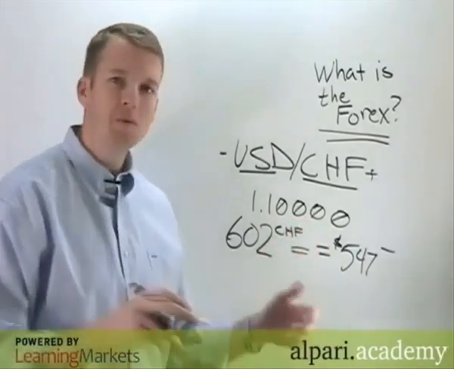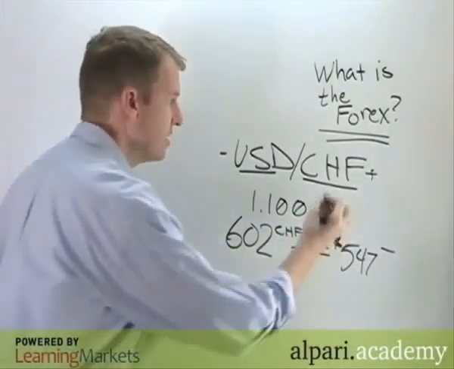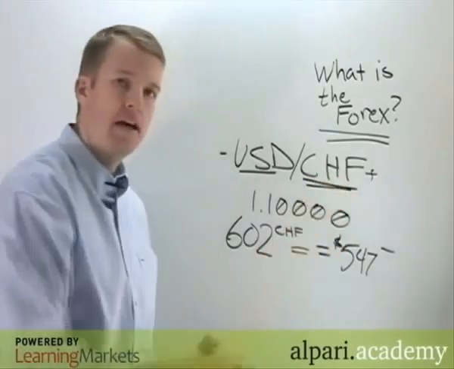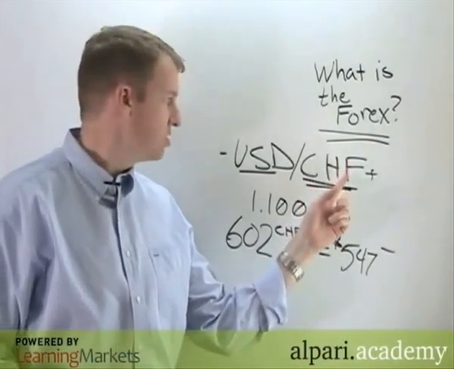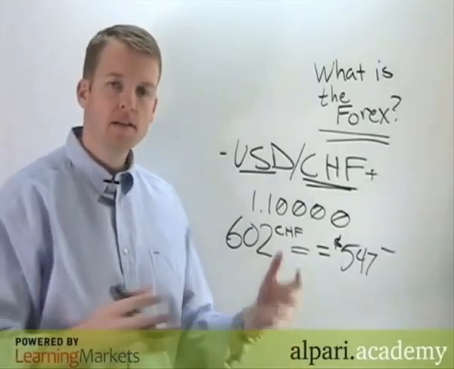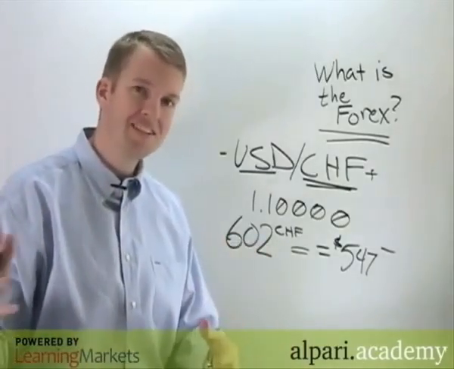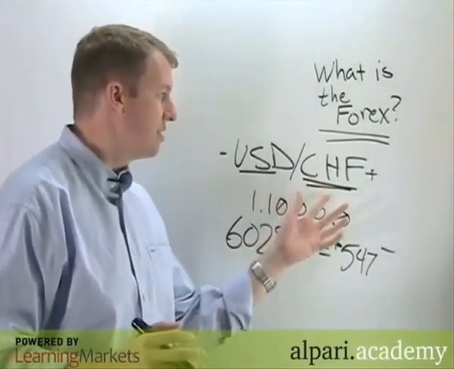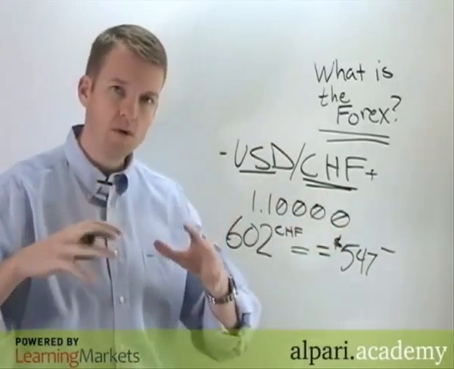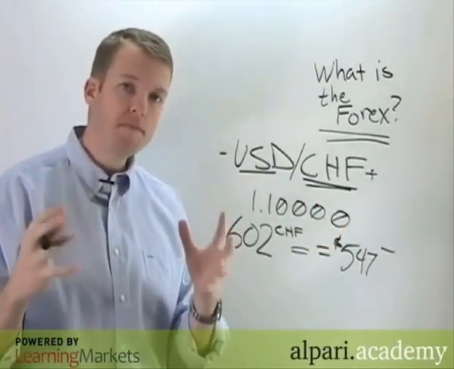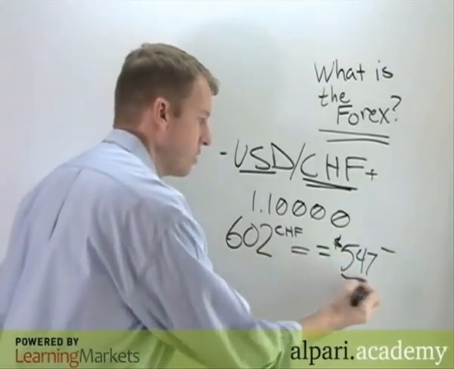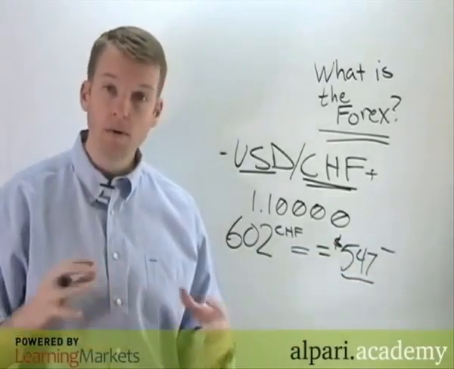The reason is that over the summer we were holding an asset that appreciated in value. This is just like if you held a stock that appreciates in value versus the dollar. We held the franc, which became more valuable, converted it back into our domestic currency and walked away with a profit.